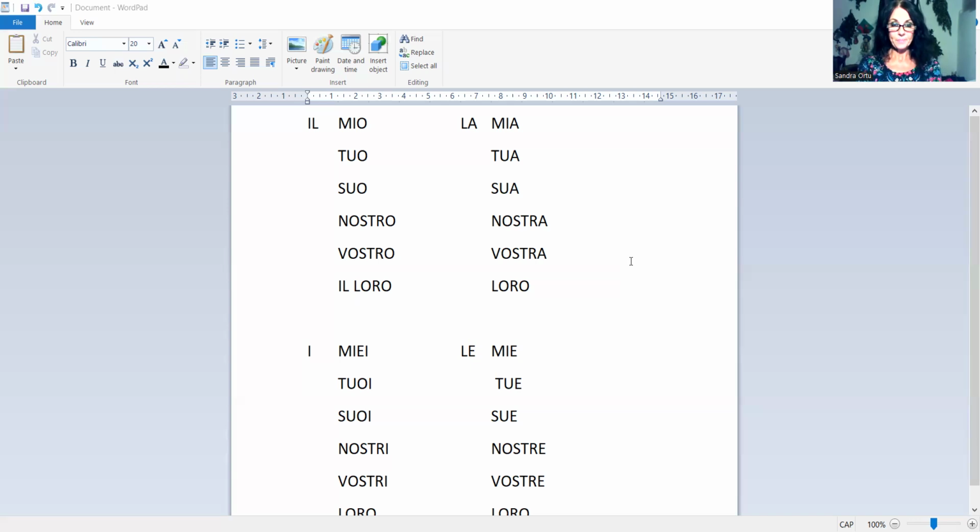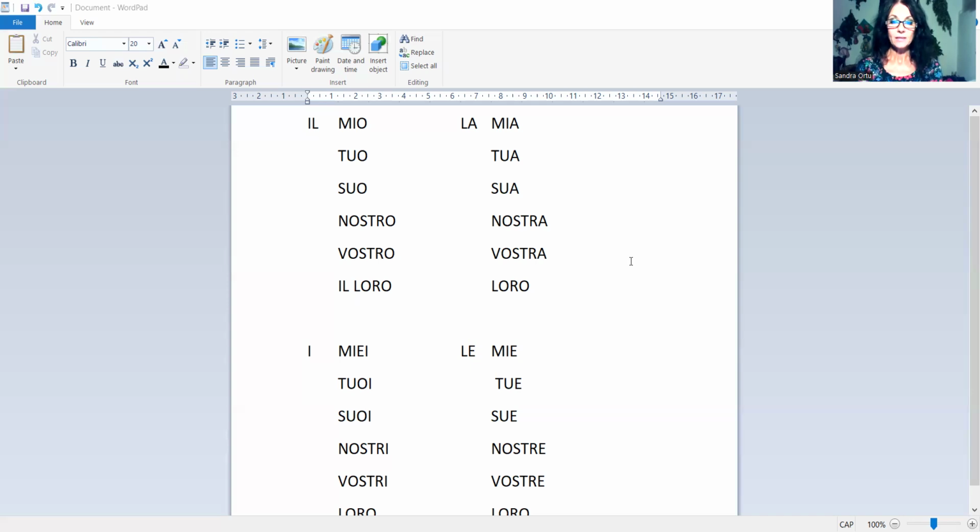Something, in fact, that we're going to see gradually, all the differences between English and Italian. But let me read them for you first. I'm going to read all of them. Mio, tuo, suo, nostro, vostro, loro.